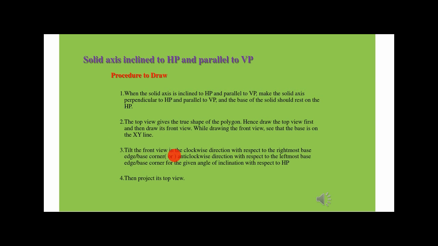Tilt the front view in the clockwise direction with respect to the rightmost base edge, corner or base point, or in the anti-clockwise direction with respect to the leftmost base edge, base corner or base point, for the given angle of inclination with respect to the HP. Then project the top view.